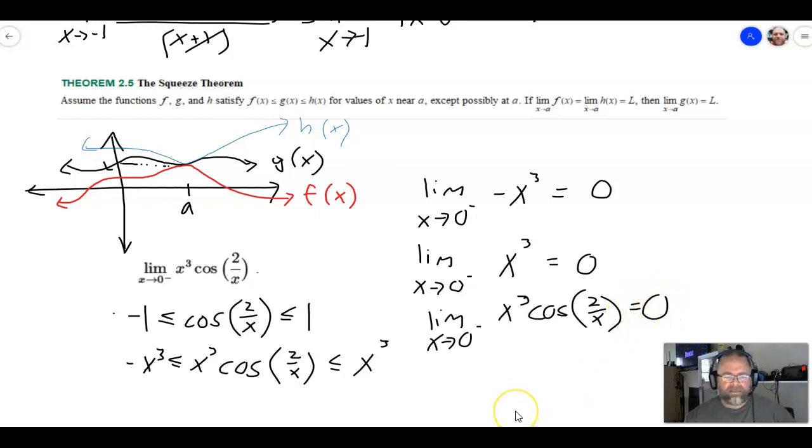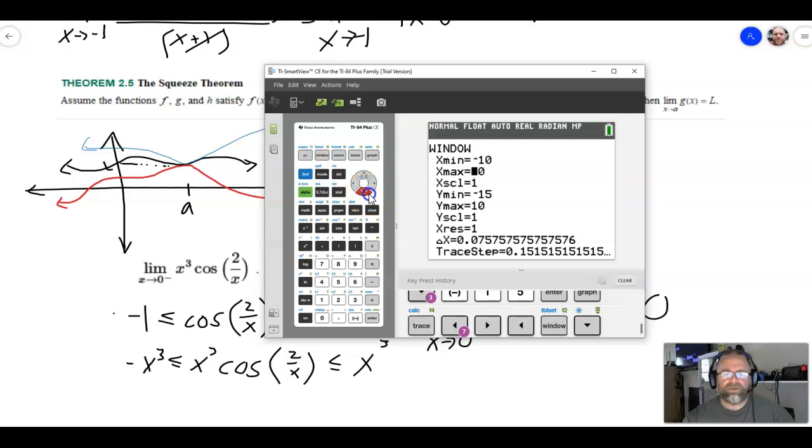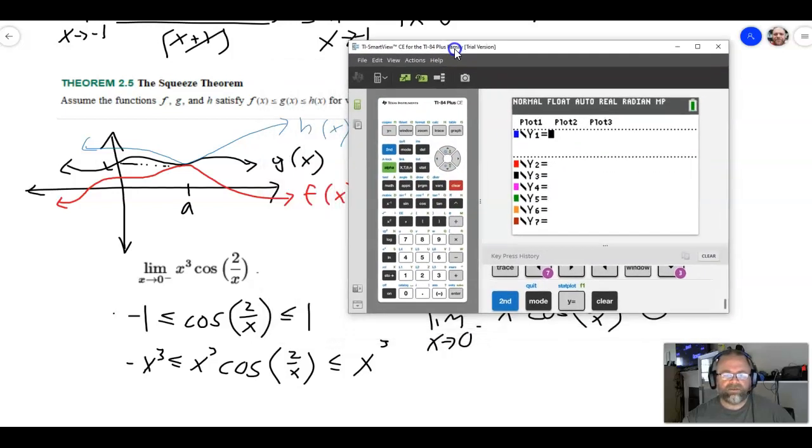Alright, and the last thing I want to do, I know this is kind of a long video, is put all of these functions into my calculator and just see what it looks like. So let's go ahead and do a standard zoom.